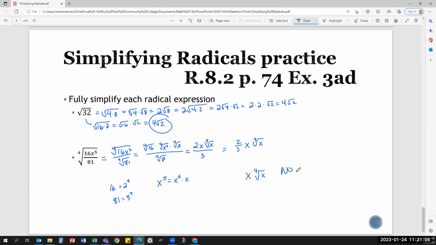It's not x to the 4th times the square root of x. So make sure that 4 is inside, as the index of the radical. So just watch with that notation that you're writing things clearly and then entering things in the correct place in MATLAB for this type of thing. So that's simplifying radicals.